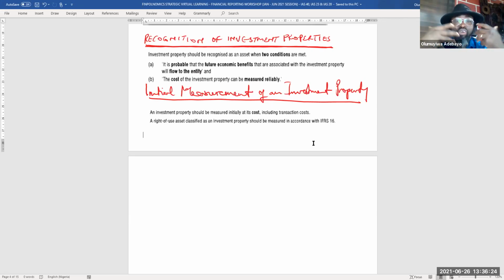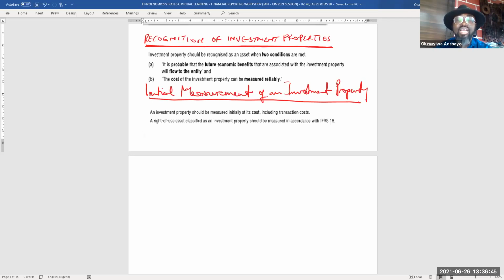And similarly, for entity-owned investment property, it will be measured at cost, including incidental costs, which are direct and indirect costs associated with the acquisition of such a property.